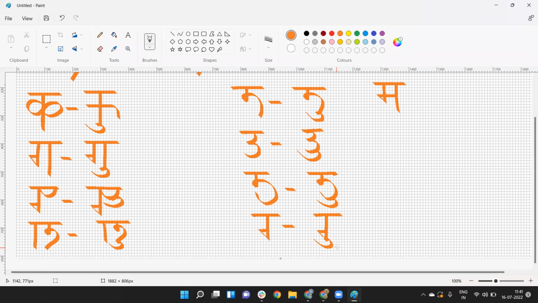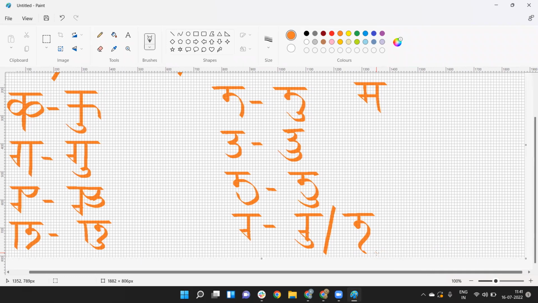Ra. U. Now in case of Ru, there are two ways of writing it. One is this. This is simple, you write Ra and the U matra at the bottom. The other way of writing is this. And in most of the texts, you will find Ru written like this.